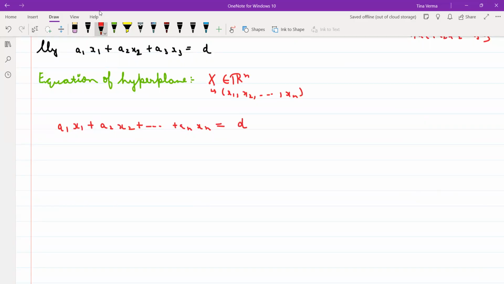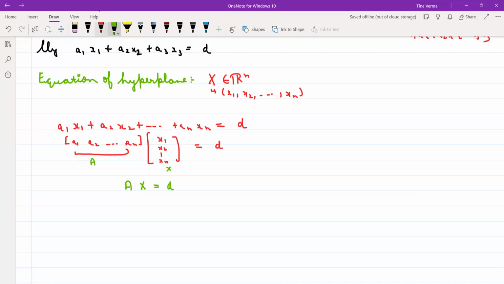This is the equation of a hyperplane when you have extended your definition from 3 dimensions to 4, 5, 7 and 8 dimensions. Is it clear? Yes or no? Yes. So the same I can write like this: a1, a2, an, times x1, x2, xn, equal to d. So this is my A matrix and this is my X matrix, so this is AX is equal to D, right?